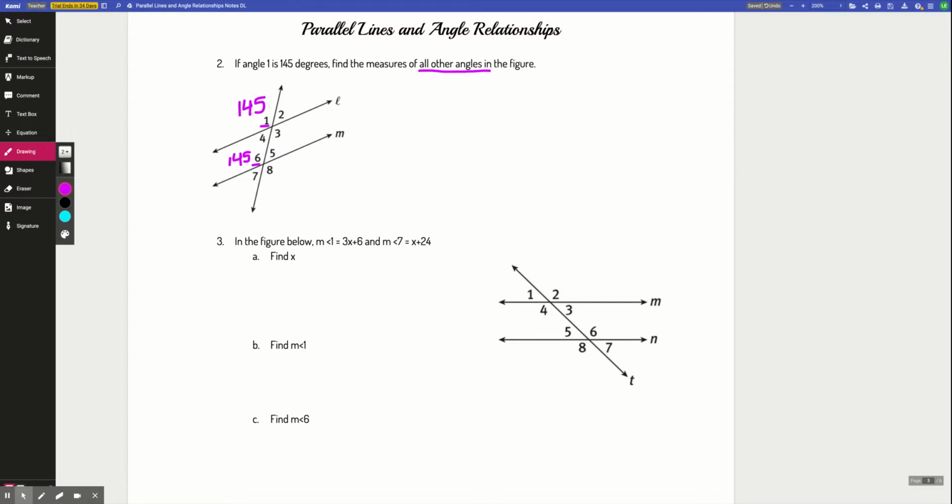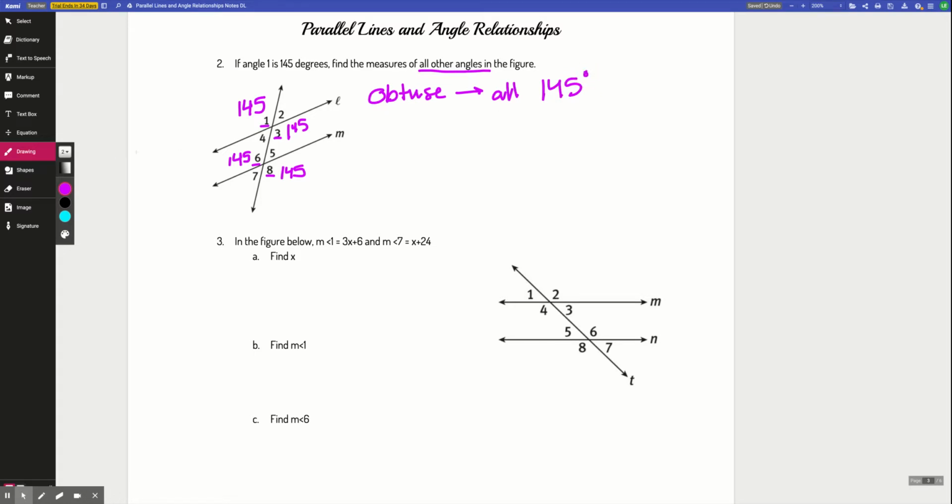Angle 3 has to also be 145 degrees because it's vertical to angle 1, mirror image angles, so they have to be equal. And if angle 3 is 145, then angle 8 also has to be 145 because they are corresponding. So the obtuse angles are all 145 degrees.